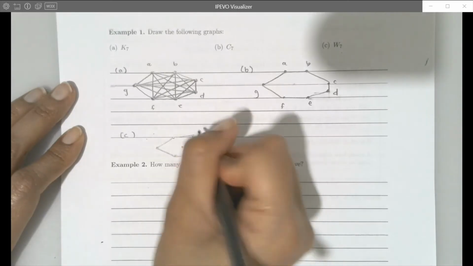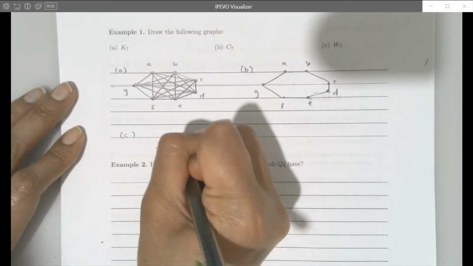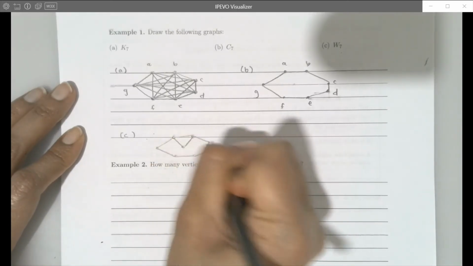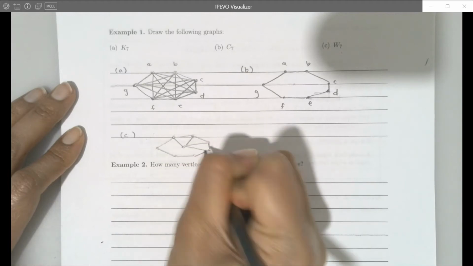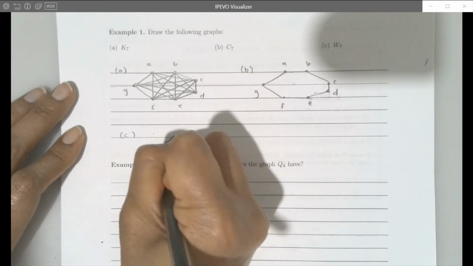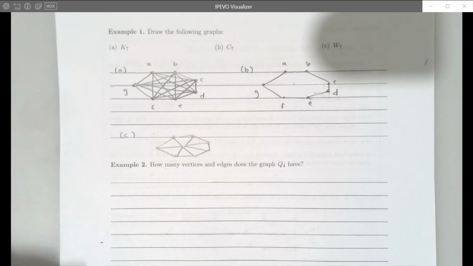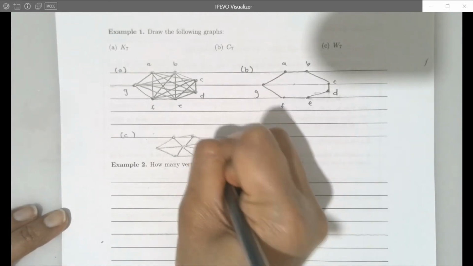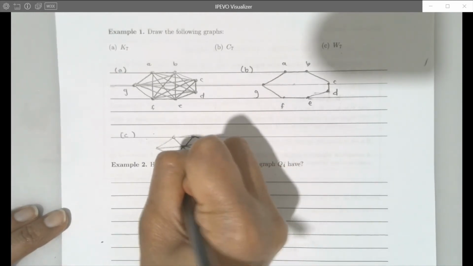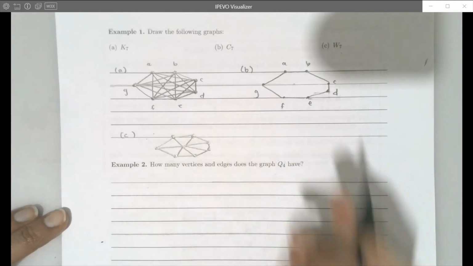Okay, so there's 7 nodes and the additional middle one, and then we'll have all of the nodes connect to that additional node, and that would be our W7.